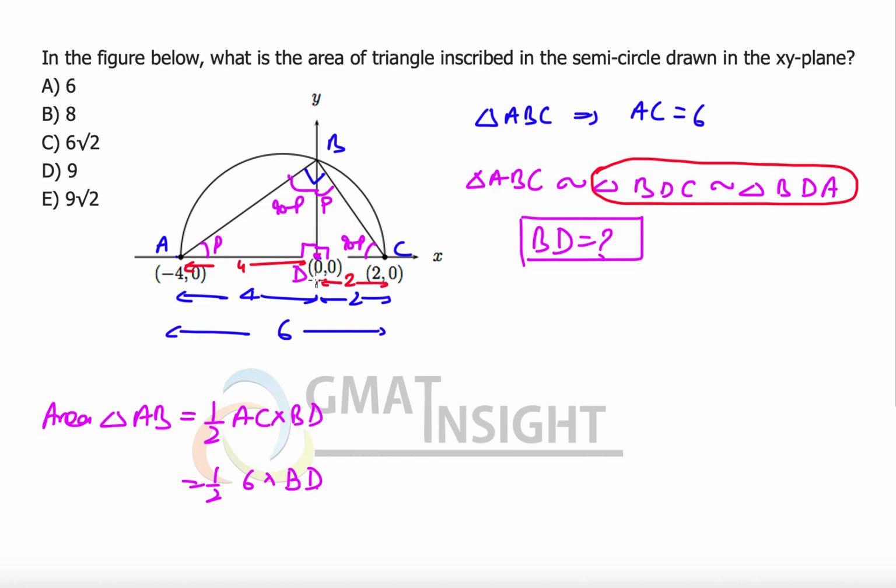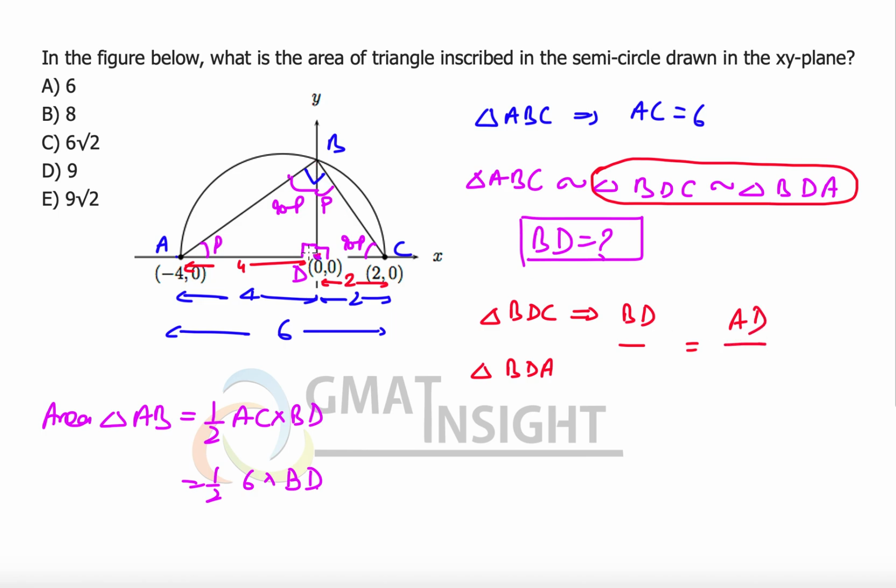The reason is we know one of their sides and one side is common among them. So I'm going to write the sides of triangle BDC in the numerator and sides of triangle BDA in the denominator. So in case of BDC, I'm taking one of the sides that is equal to BD, because that's what we need to find out. And the second side I will take to be AD.